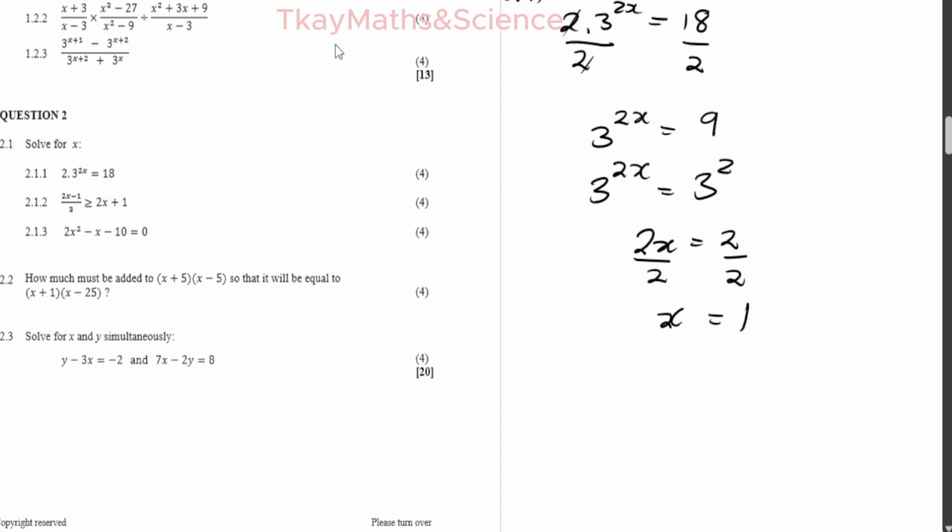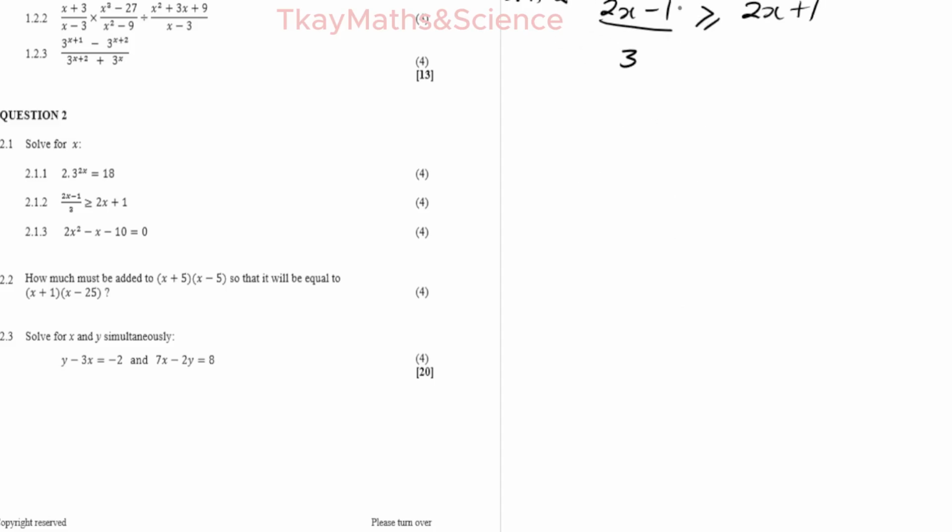All right, so now let's jump to the next question, which is 2.1.2. So we remove this denominator, we multiply both sides by 3. We're going to get 2x minus 1 is greater than or equal to 3 bracket 2x plus 1.